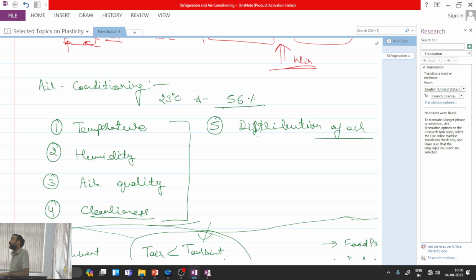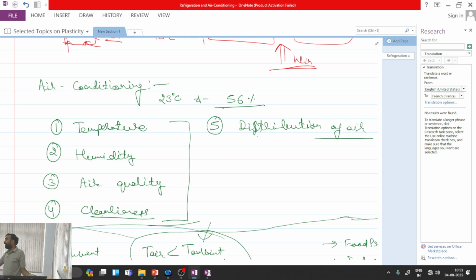For example, in heating systems, you have placed all the distribution duct of your air handling system on the top portion. So what will be happening? Whatever hot air is supplied will be collected only at the top, and the below portion will be cold.